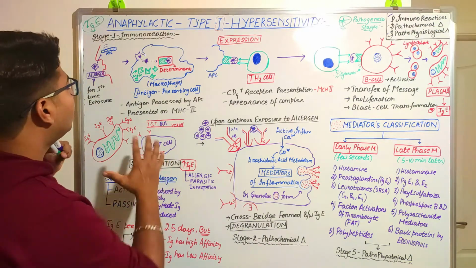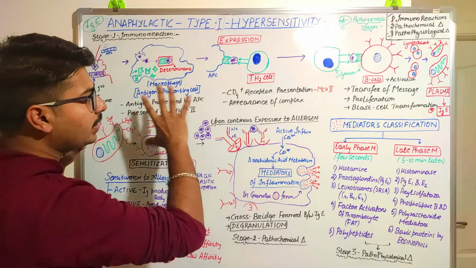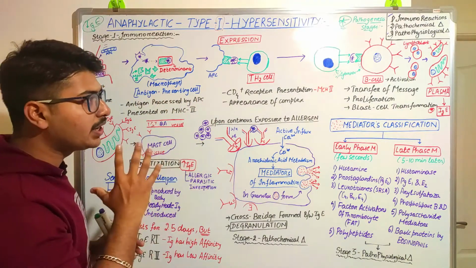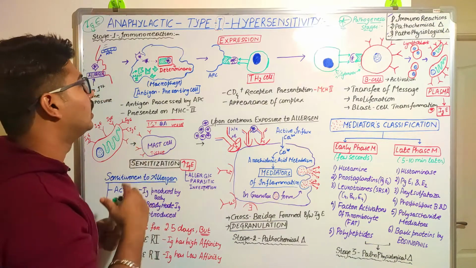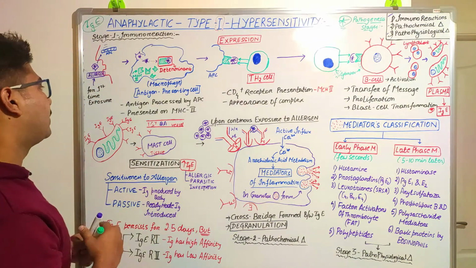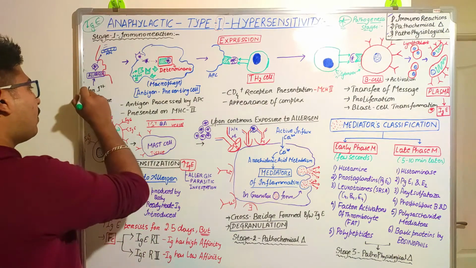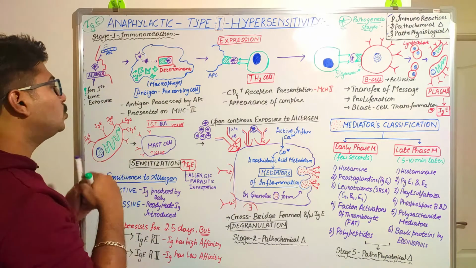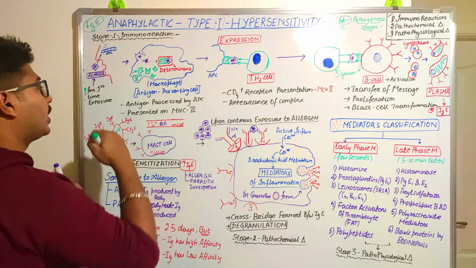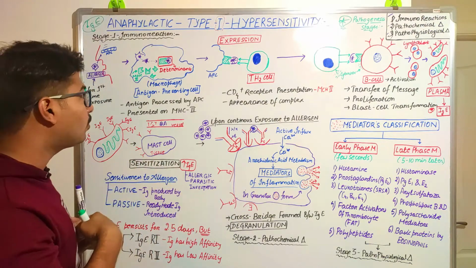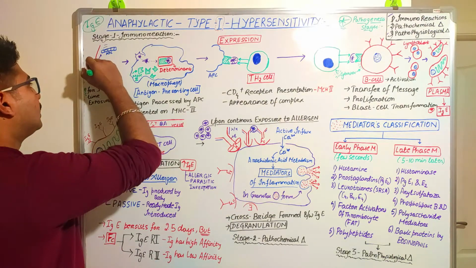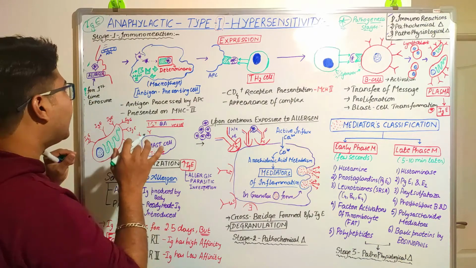First of all, I have made these reactions in diagrammatical presentation so that it will be easier for you to understand. What will happen when there is first time exposure of the allergen to our body? This is the allergen that I have made.